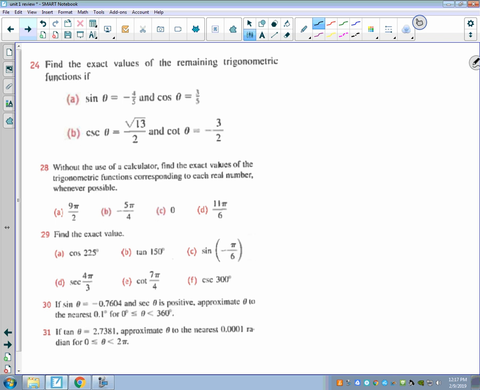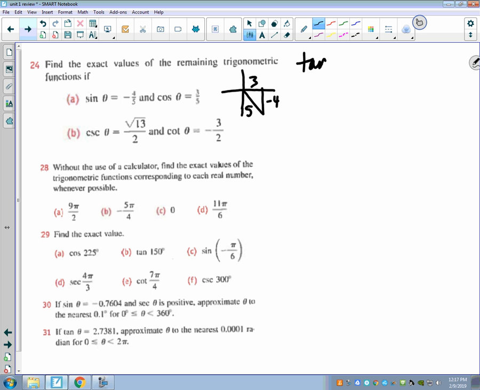All right, number 24, find the exact values of the remaining trig functions if sine is negative 4/5 and cosine is 3/5. And so this one, they're giving you the triangle basically, right? But if sine is negative and cosine is positive, that means we're down here in quadrant 4. So now you can just do the rest, right?